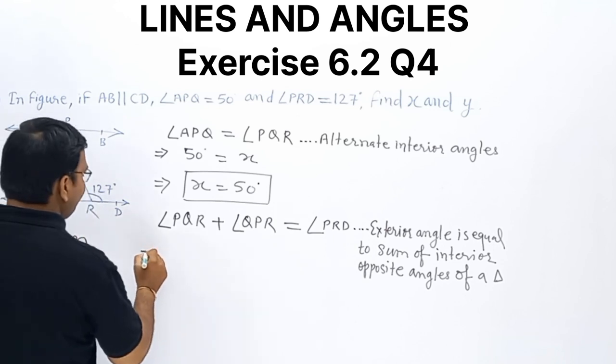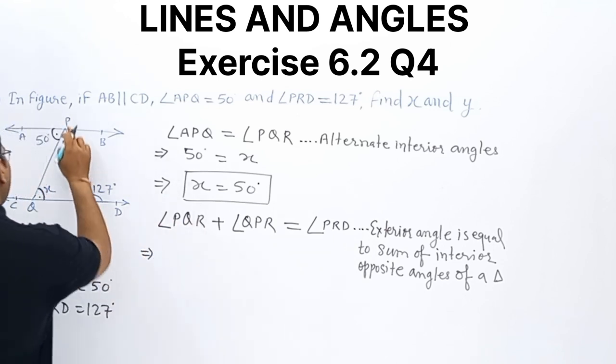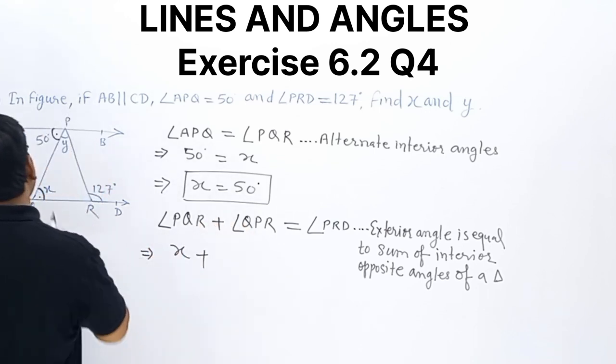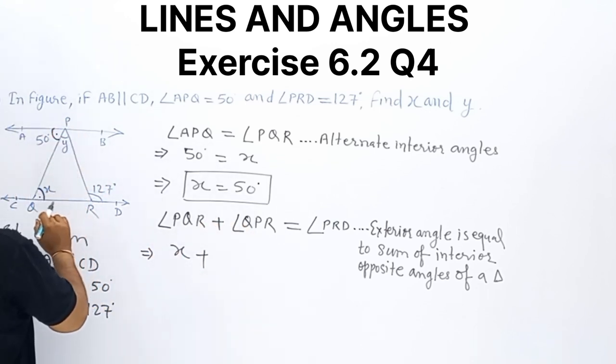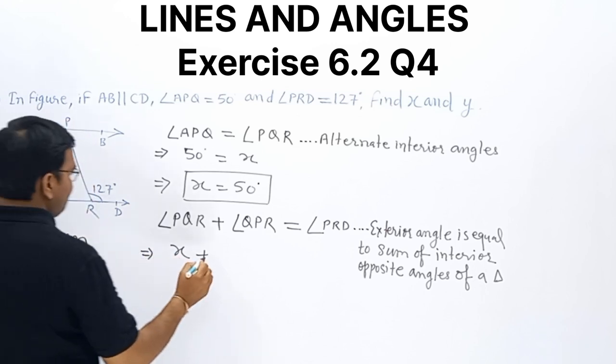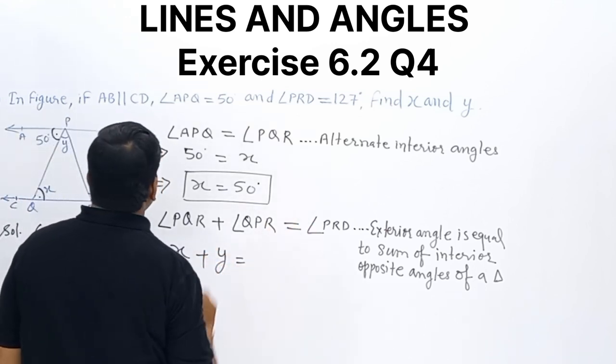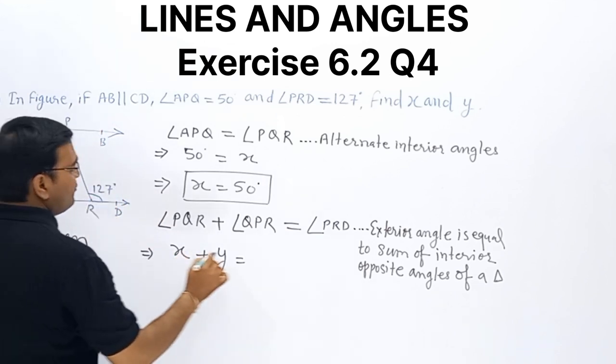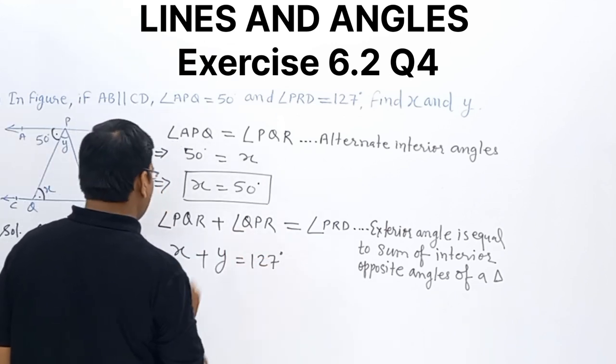So now I am writing PQR is x, plus QPR, this is y, and angle PRD, it is given in the question, is 127 degrees.